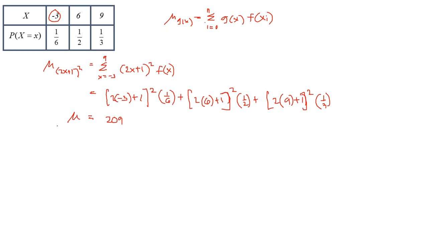For the variance, we'll just use the general formula, which is sigma squared of g of x equals the summation from i equals 1 to n of g of x sub i minus the mean of g of x, squared, times f of x sub i. Since we already have our probabilities here, there's no need to create a separate table like we did in the previous example.